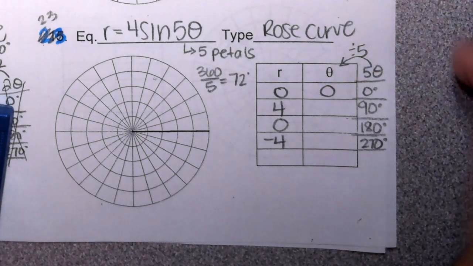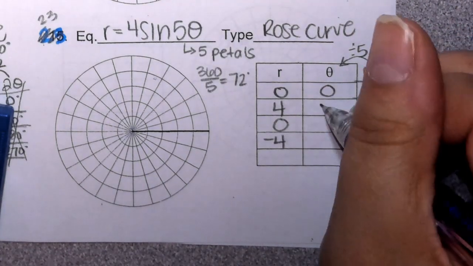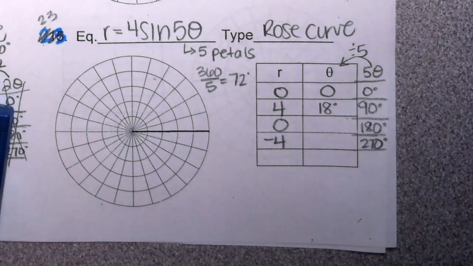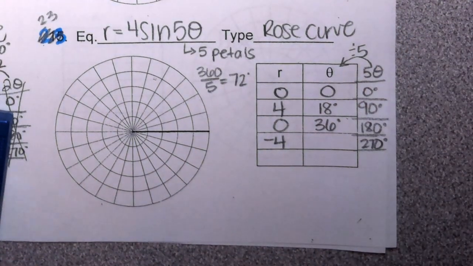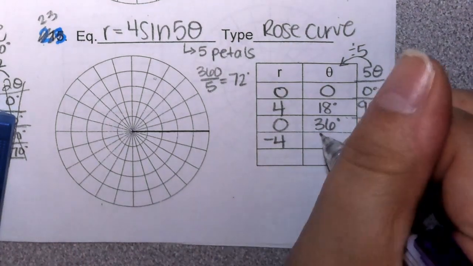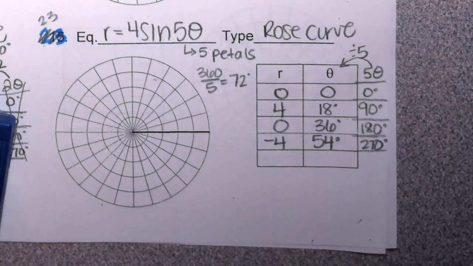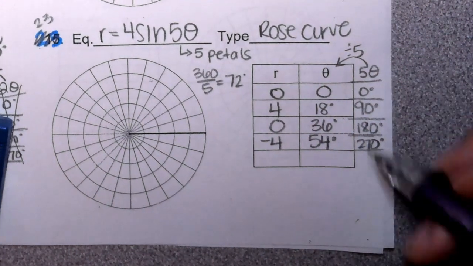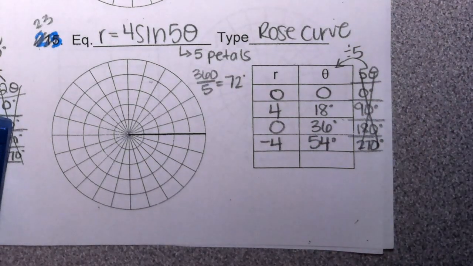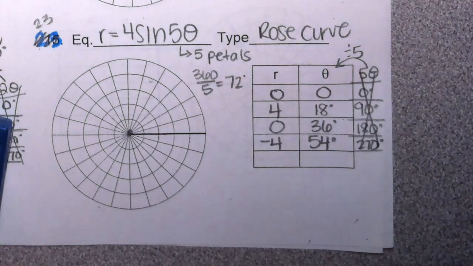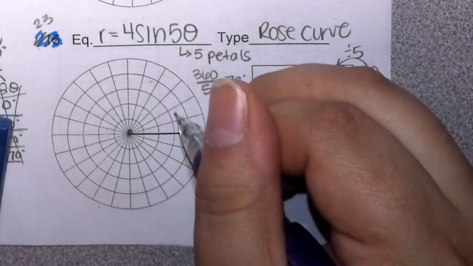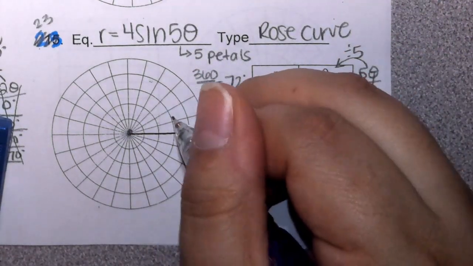So that's going to give me 90 divided by 5 is 18. 180 divided by 5 is, and 270 divided by 5 is, so this is going to start at 0, 0 and go at 18, which is a little past that first one. 1, 2, 3, 4.